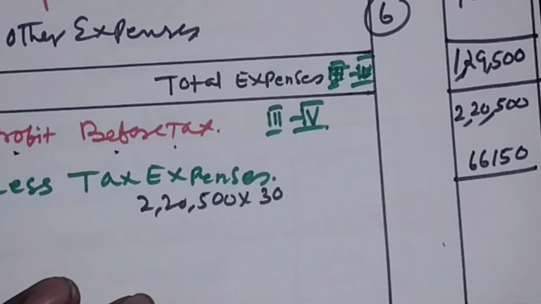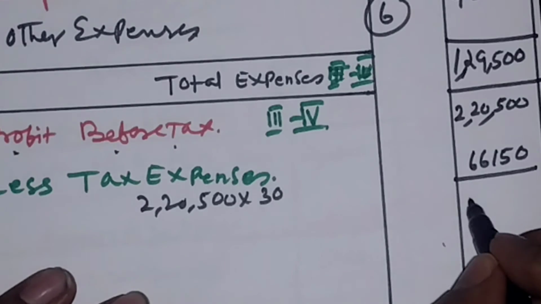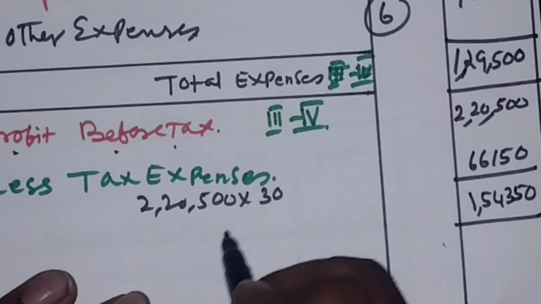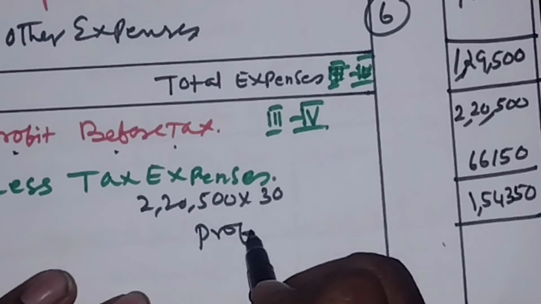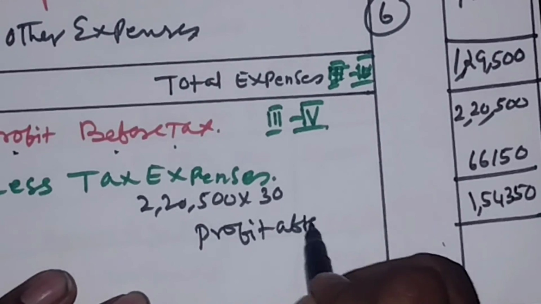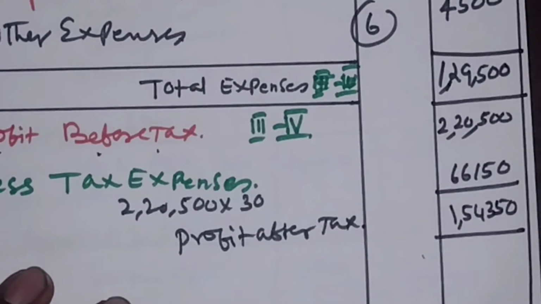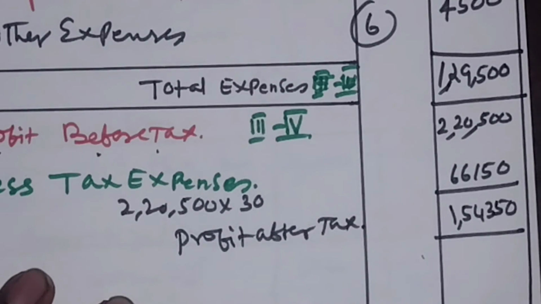If I subtract 66,150 from 2,20,500, it equals 1,54,350. This is called profit after tax.